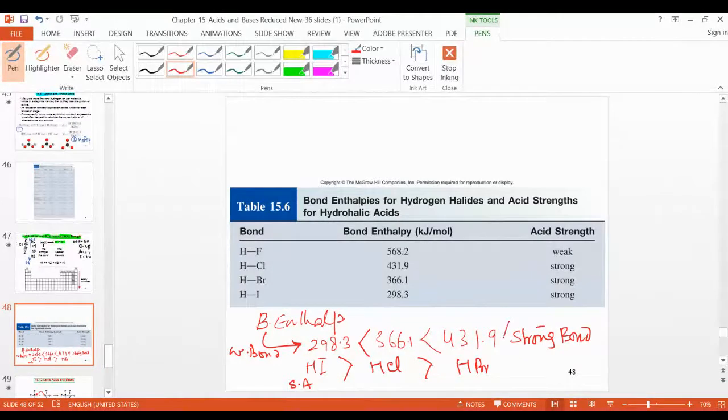One more is left. That is HF, 568.2. This is very high, right?